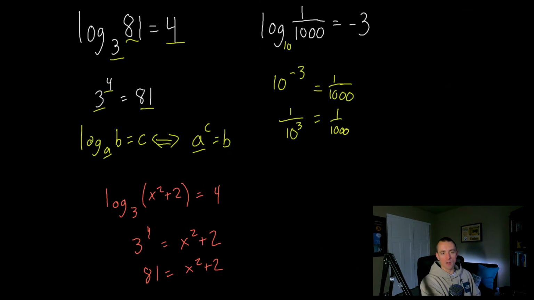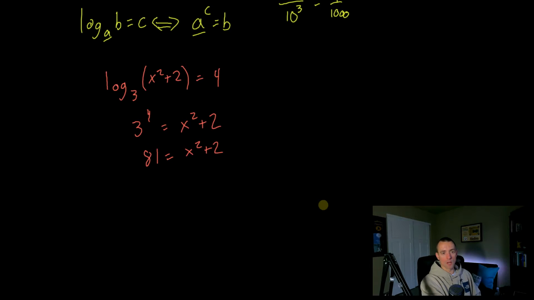From there, you can algebraically continue to solve for x squared. You could subtract the 2 over, giving you 79 equals x squared, and then take the square root of both sides, giving you plus or minus the square root of 79 equals x.